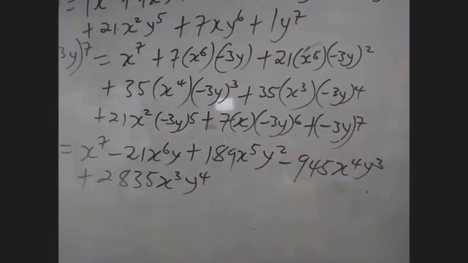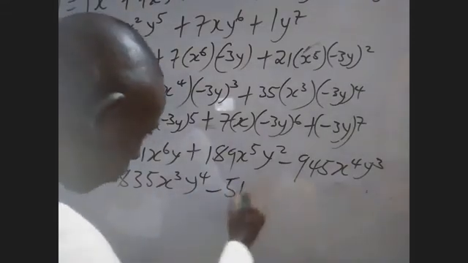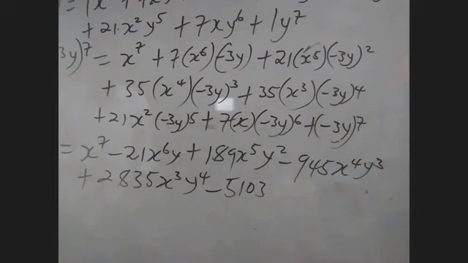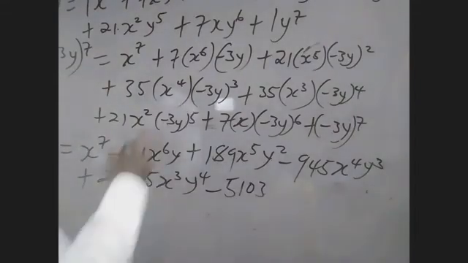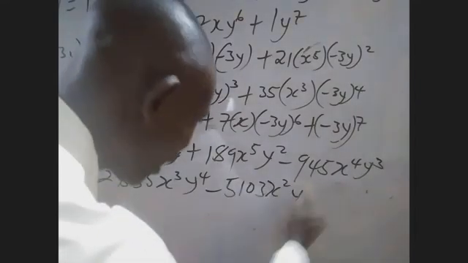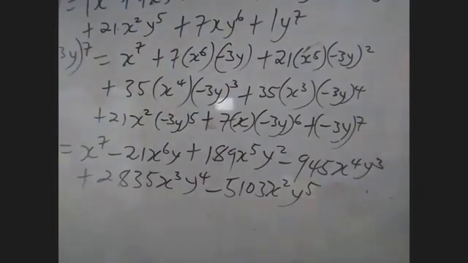Then you have (−3)^5, which is −243. Minus 243 times 21 will give you minus 5103. Then the power of s here is 2, and that of y is 5.